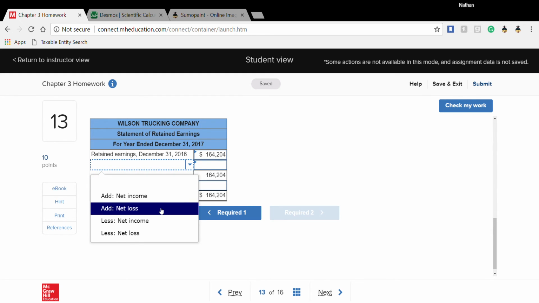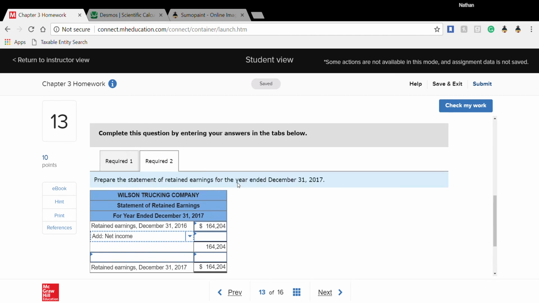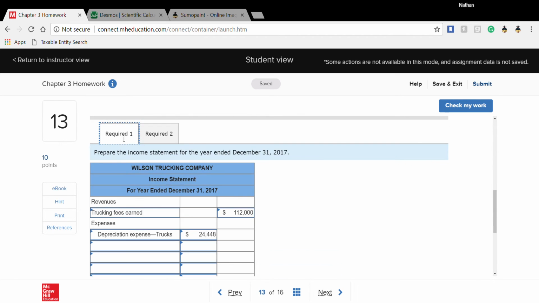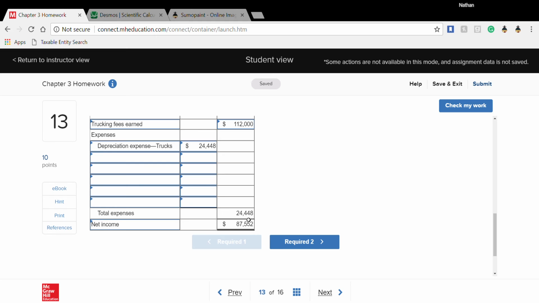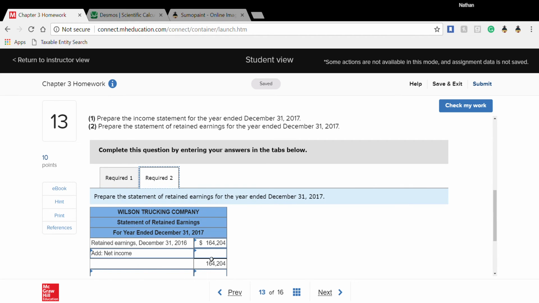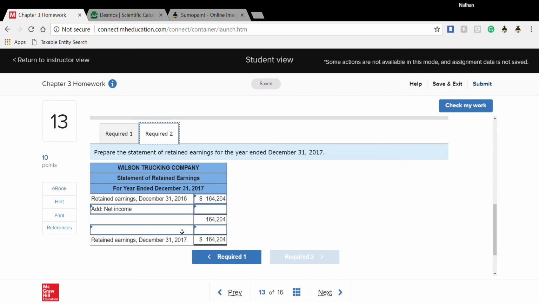Basically, I'm going to either add or subtract depending on if I got net income or net loss. Most likely, if you have net income, you're going to add. So I'm going to look at required 1, and whatever this amount is after I fill in all the expenses, I'm going to put it right here. Just like your statement of retained earnings questions in Chapter 1, they're repeating right here.